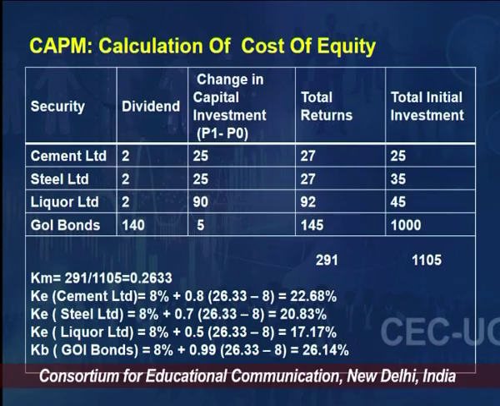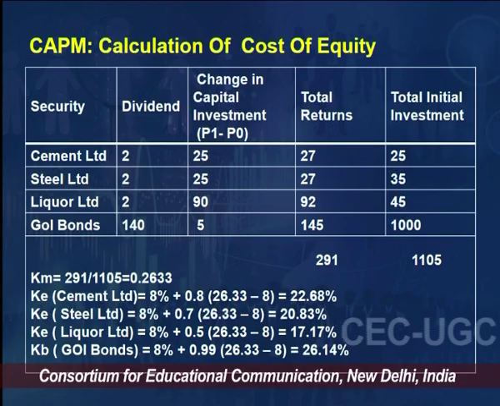In this example, if you look, there are 4 companies, and we have the dividend for each of the companies. The last one is Government of India bonds. Then we have the change in the capital investment, that price is given, and the total return is the sum of the change in market price plus the dividend. So 27, if you refer to the first row, is 25 plus 2.